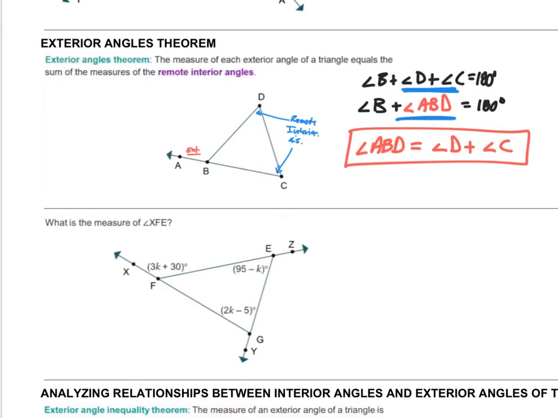So if we look over here, it's going to ask us, what's the measure of angle XFE? I don't know what that is unless I find the value of K. This is an exterior angle right here, and these are remote interior angles. So if I add these two angles together, it's going to give me this angle.